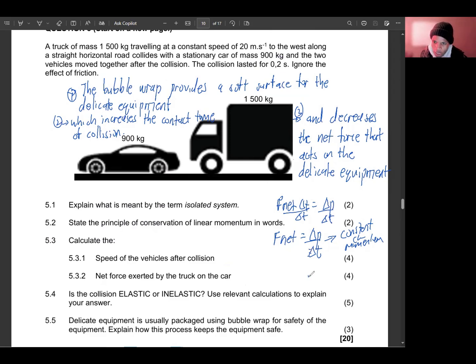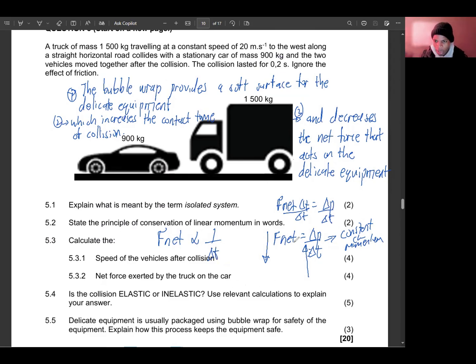So we are saying if we can increase the contact time of the collision, then we can decrease the net force that is being exerted on an object. And then by decreasing the net force, we are actually decreasing the impact of the collision. So this is just based on the fact that F net is inversely proportional to the delta time for a constant change in momentum.